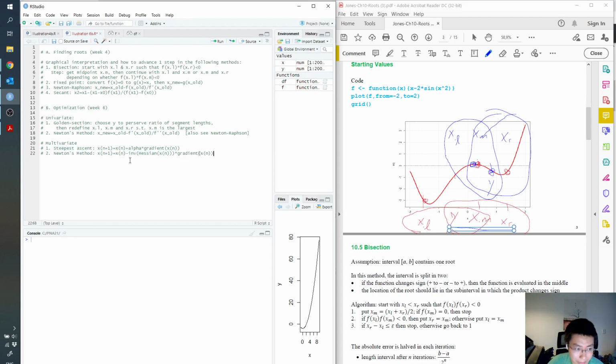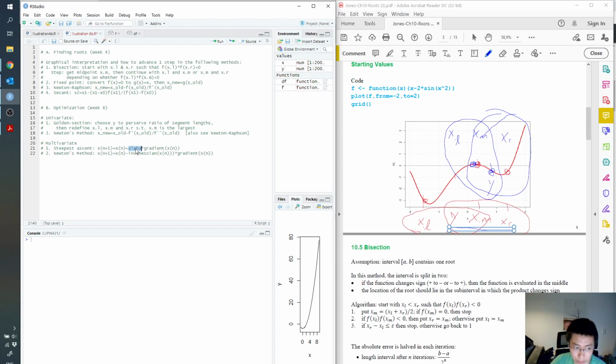In the steepest ascent, I don't need this Hessian information. Instead, to go from my old to my new point, I simply take a step in the direction of the gradient. So this gradient tells me in which direction the graph is the steepest. And how far I take this step is given by alpha. And there are different ways to find this alpha.